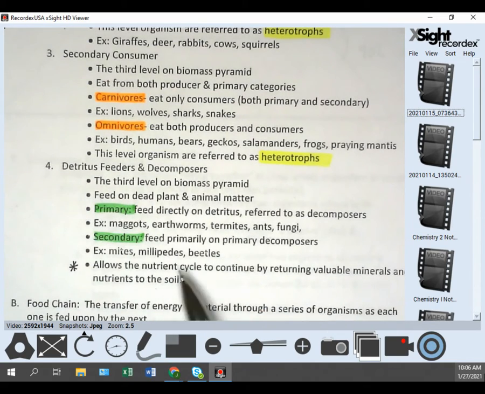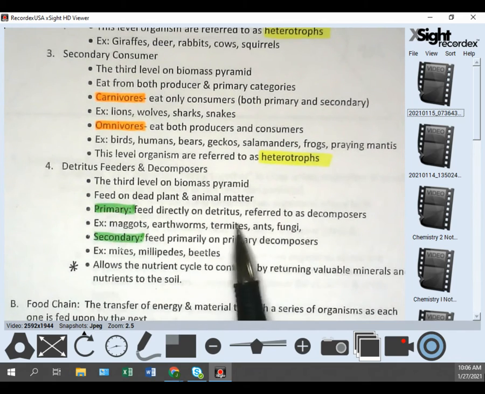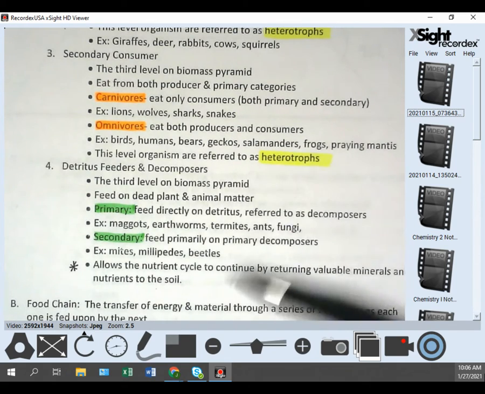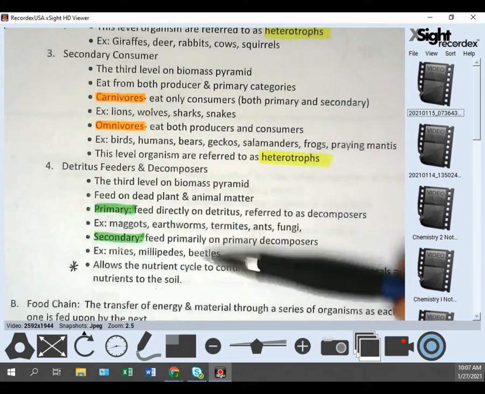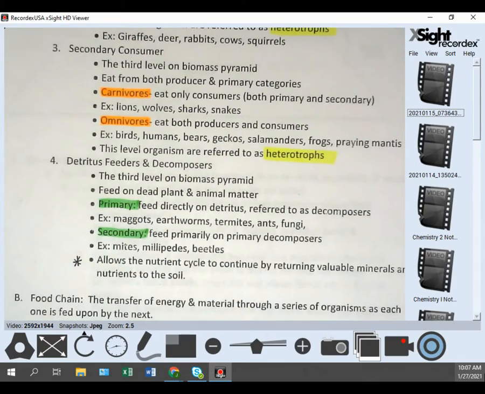To be honest, I don't know, but secondary detritus feeders and decomposers are organisms that feed primarily on the primary decomposer. Mites, millipedes, and beetles will feed on these others. There must be something to that. I haven't been able to find it yet, but that's how they break that up. All right.